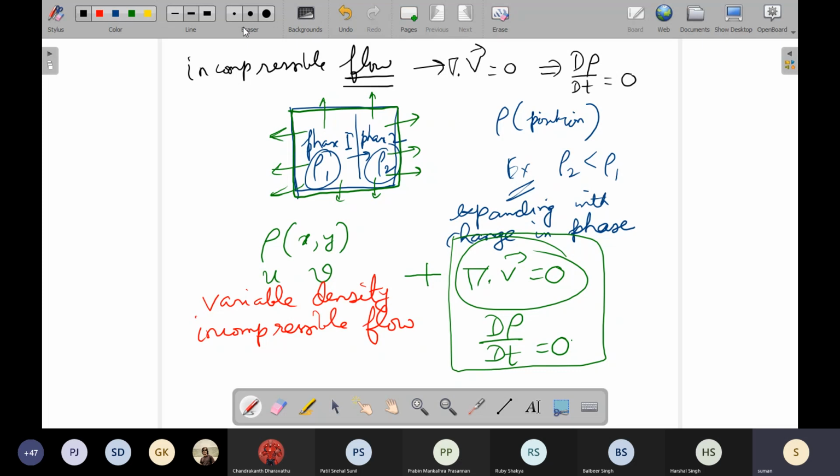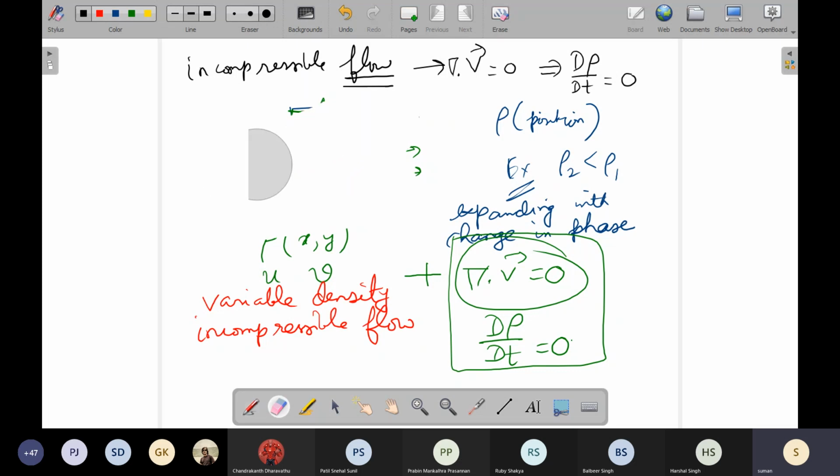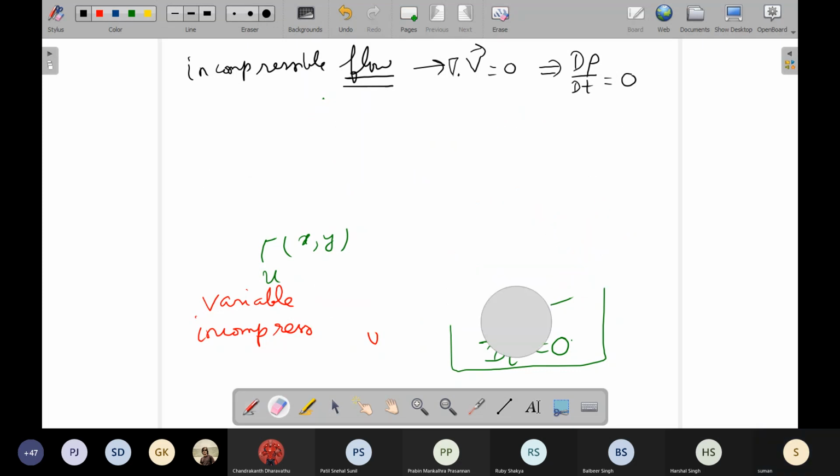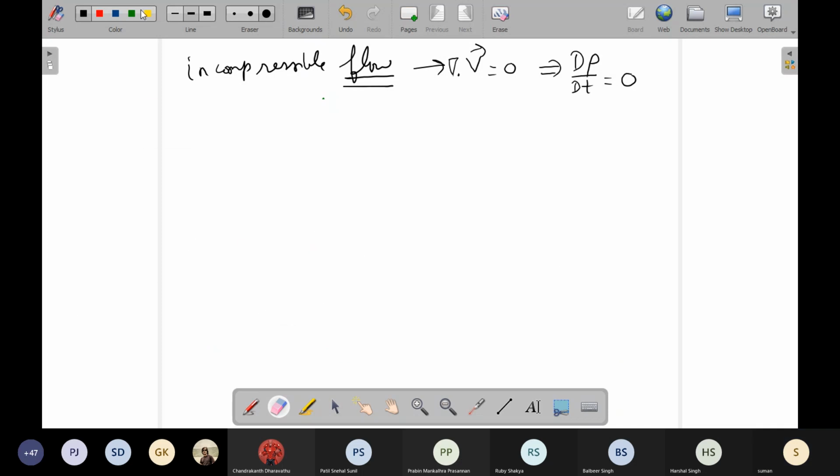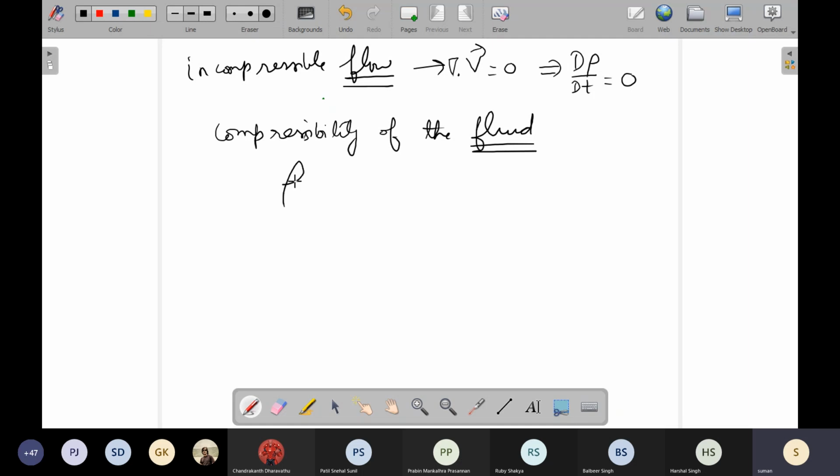Now, what about incompressible fluid? To explain that, let me just clean up certain parts of this. So the compressibility of the fluid: here the keyword is the fluid. It means that we are considering one of the fluid properties as the marker of whether it is compressible or not, and that typical fluid property is density.